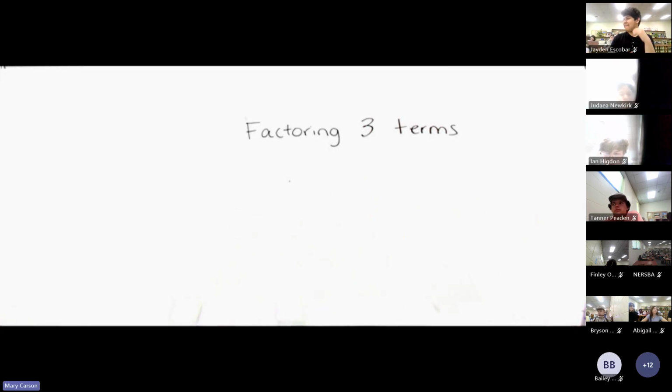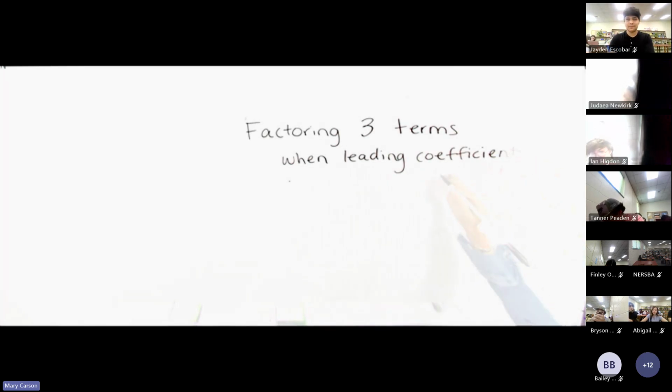Okay. So factoring three terms when leading coefficient is greater than 1. This is the greater than symbol, greater than 1.